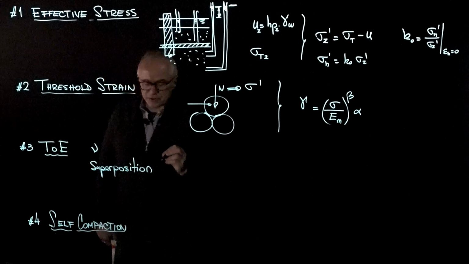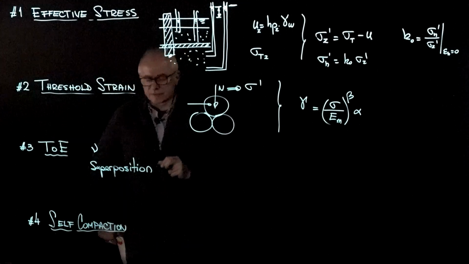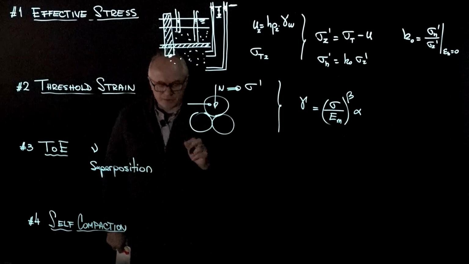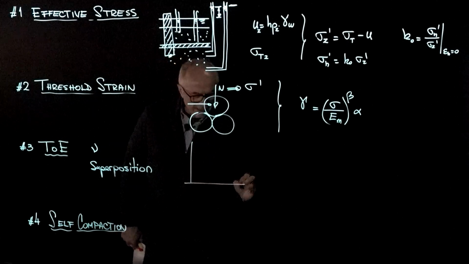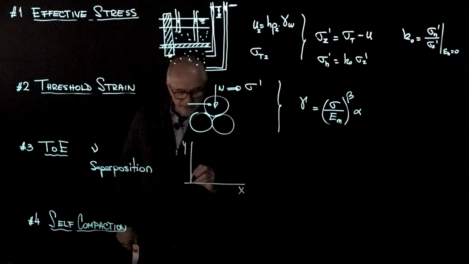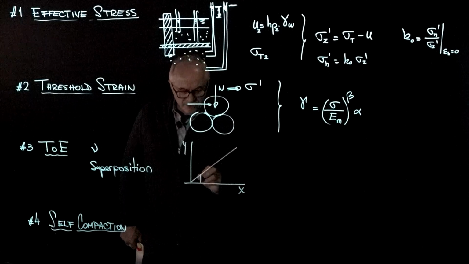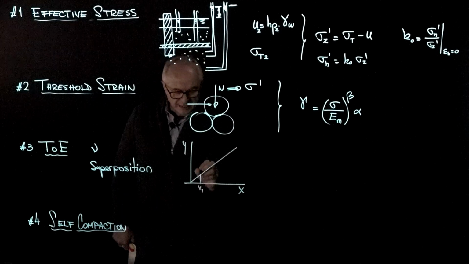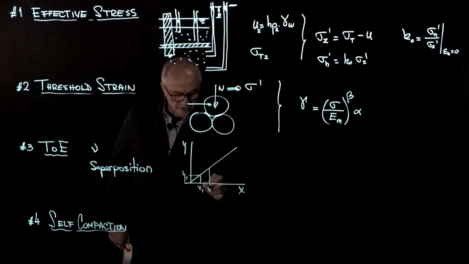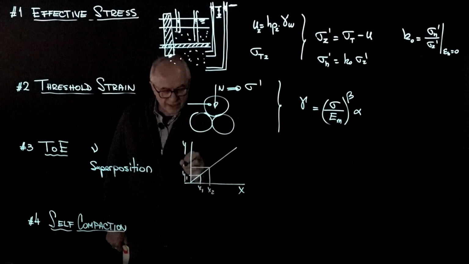Finally, I ask you to review the concept of superposition. And the concept of superposition is so important because if we have an excitation X and an outcome Y, and we have a linear system, for an input X1, I get an output Y1. For an input X2, I get an output Y2.